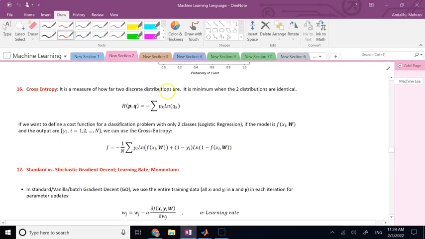The use of cross-entropy was to measure how far two discrete distributions are away from each other, the distance between two distributions. And it was negative of summation of p times natural log of q, where p and q come from two discrete distributions, pk and qk.